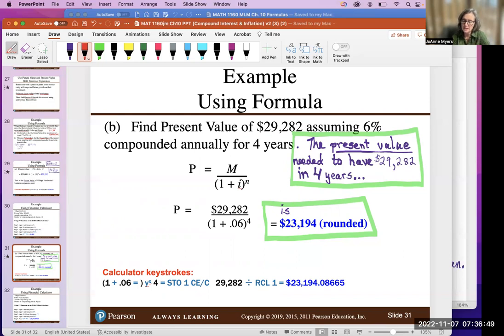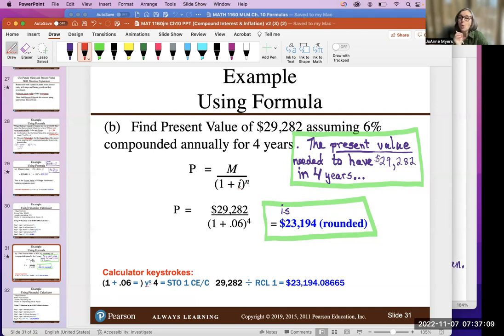So if in 4 years I really need $29,282, then the money I need to invest right now is $23,194.